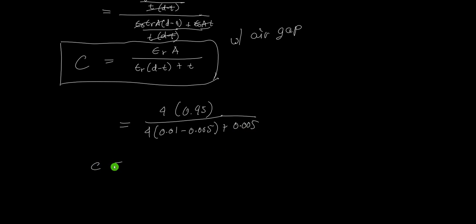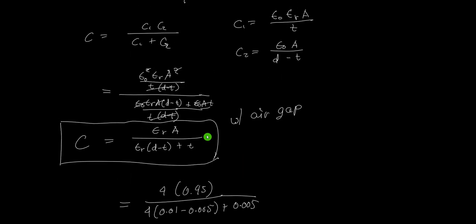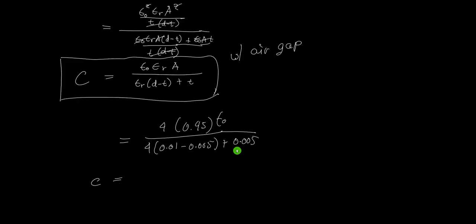So our C now should be equal to, wait, I forgot the epsilon naught in the formula. I only cancelled out 1, so I still have 1 remaining, epsilon naught here. So I still need to multiply this with epsilon naught, and epsilon naught is just a constant.